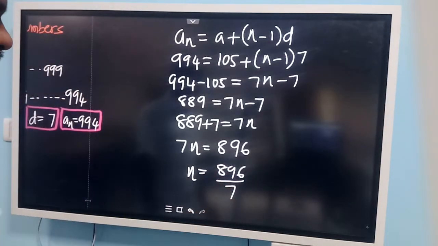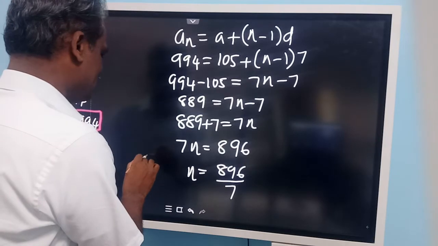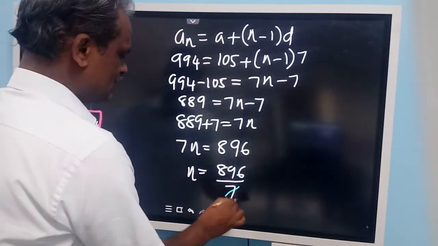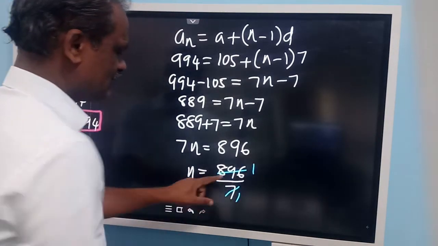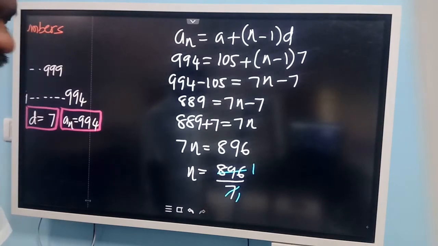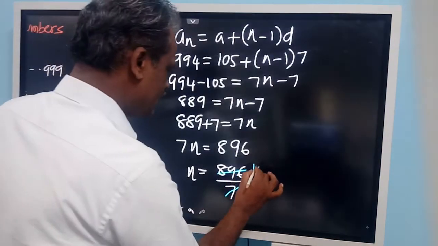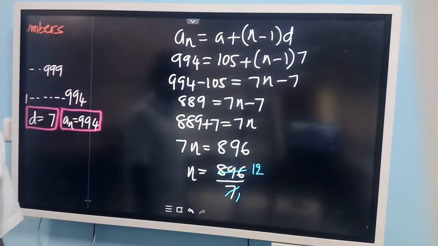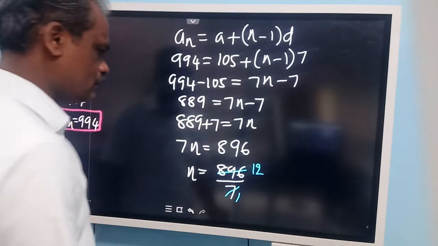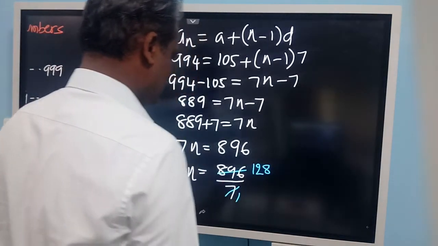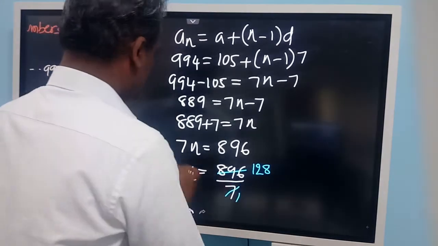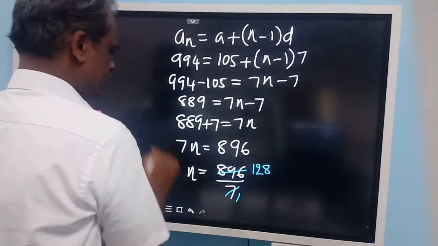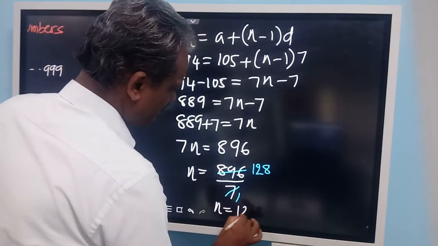Dividing by 7: 7 ones are 7, 1 remains, 19, 7 twos are 14, 5, 56, 8 eights. Therefore n is equal to 128.